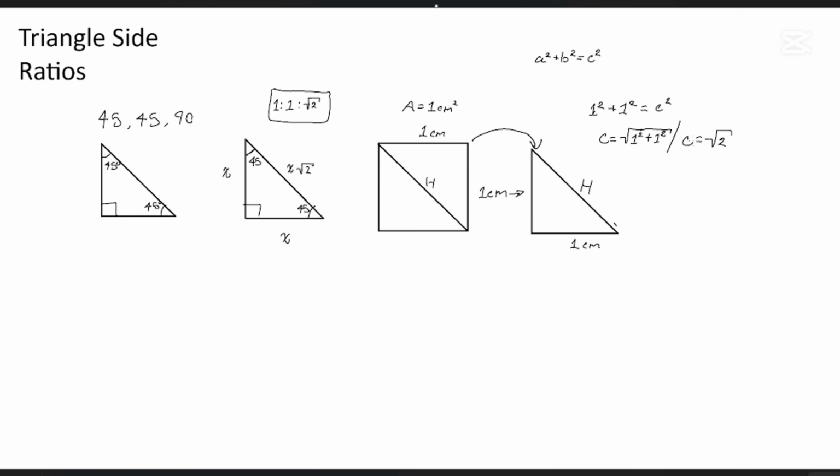Now, you could say that this is 1 times the square root of 2, and yes, that's true. But 9 times out of 10, when you see somebody writing this out, you're more than likely to just see root 2, because 1 times root 2 is just root 2. So that's why it's root 2.